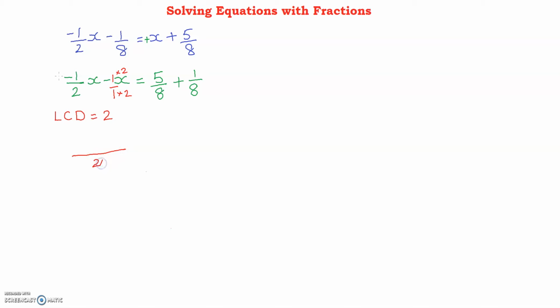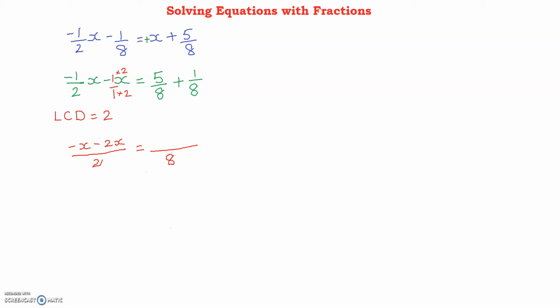So negative 1 times x will give me negative x. And when I multiply negative 2x with 1, I will get negative 2x. To the right side, the denominator is 8.